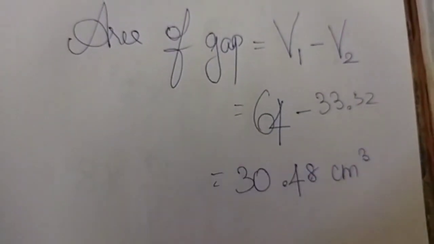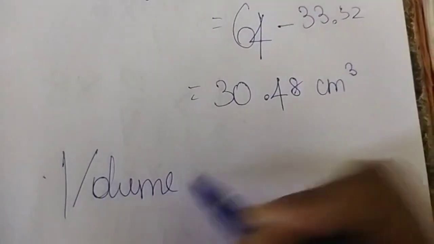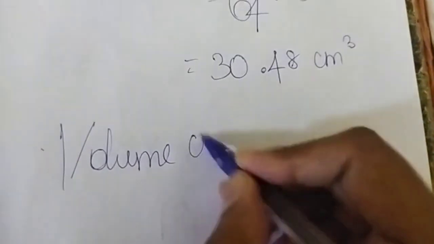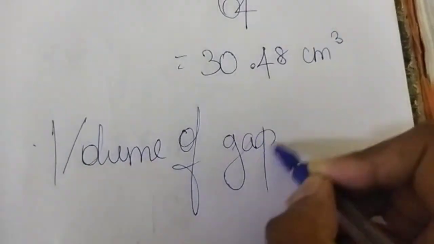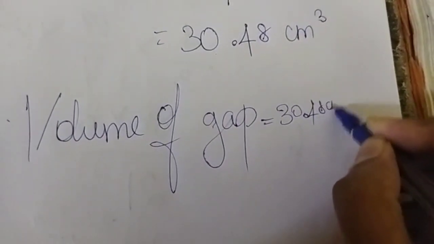So the remaining space, here this is not area, this is volume. So volume of gap is equal to 30.48 centimeter cube.